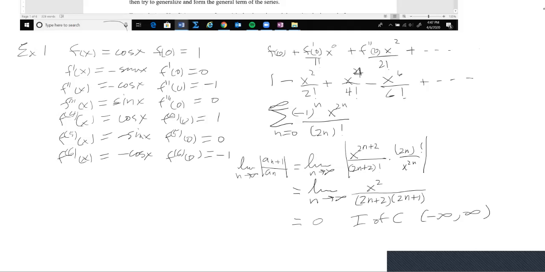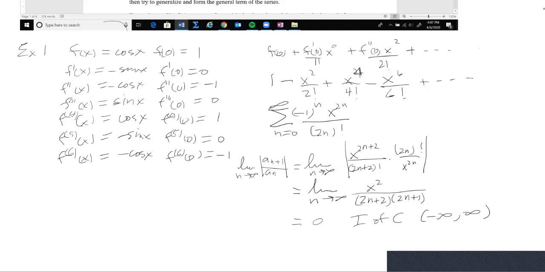So what we have here is this series, and it represents the cosine of x, and it will converge for any x on this interval, any value of x.